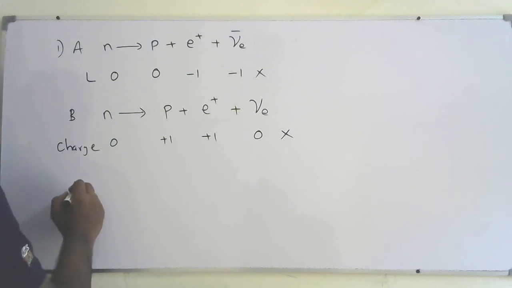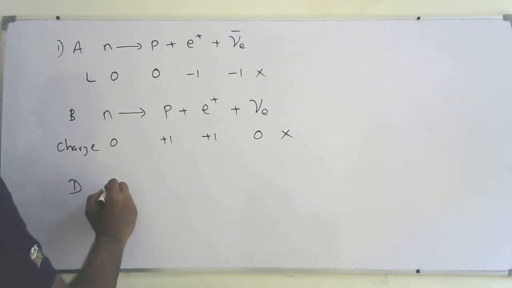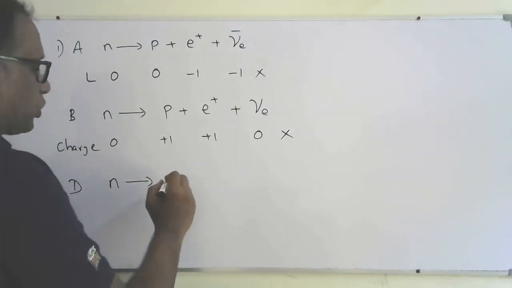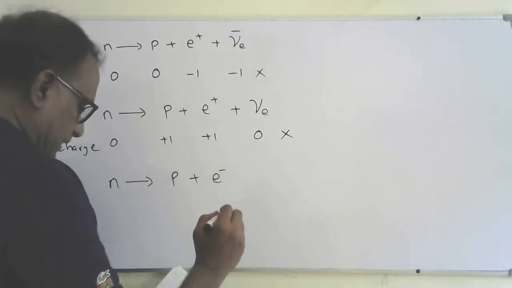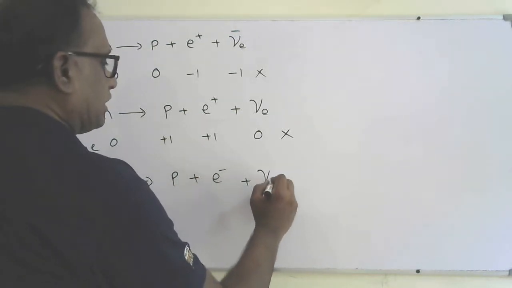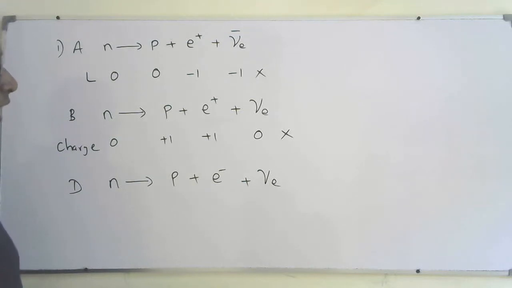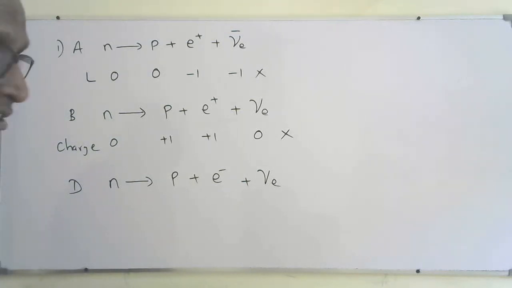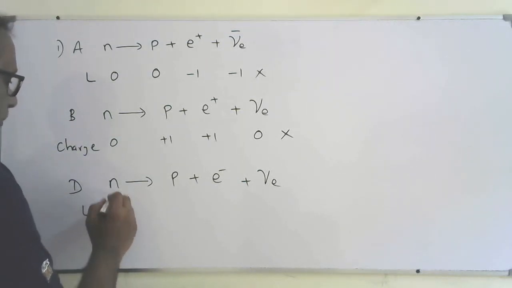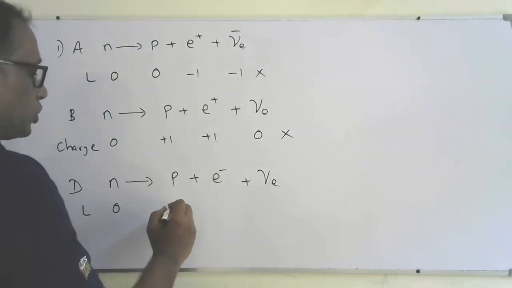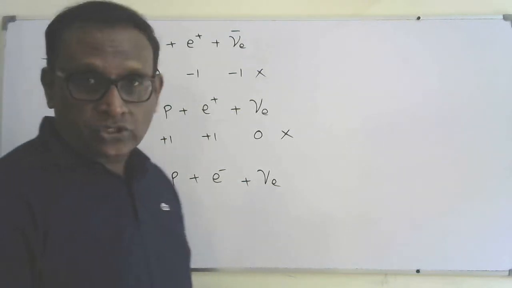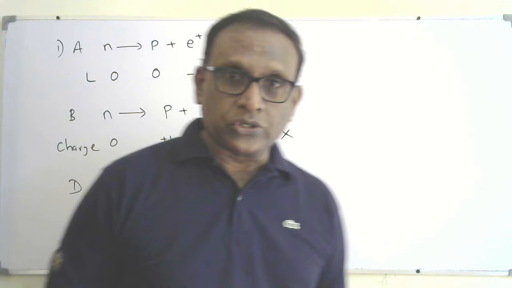Let's see answer D, then I'll come to answer C. Answer D, the fourth answer: a neutron decays into a proton, an electron, and an electron neutrino. There also, lepton number is not conserved. Neutron is 0, proton is 0 because both are baryons. Lepton number of a baryon is 0, you know that.